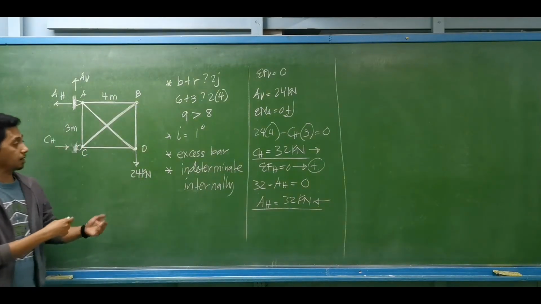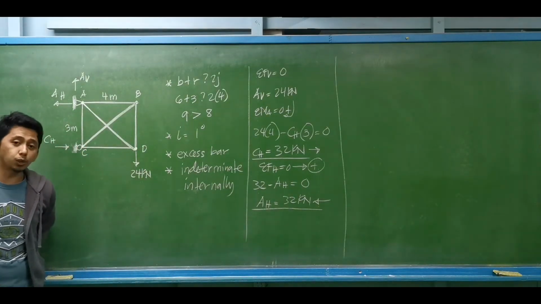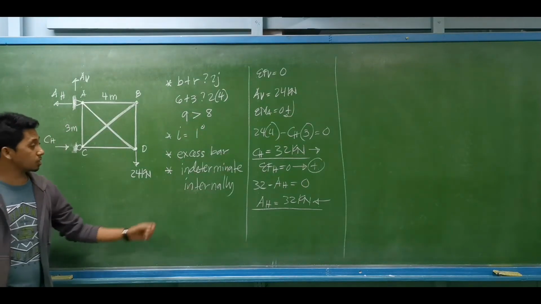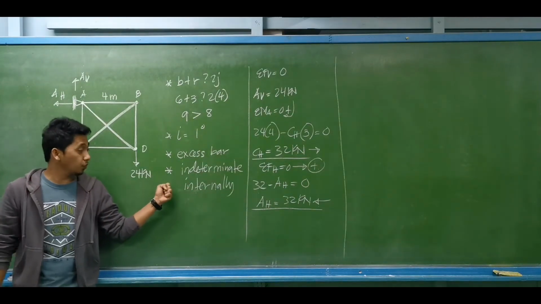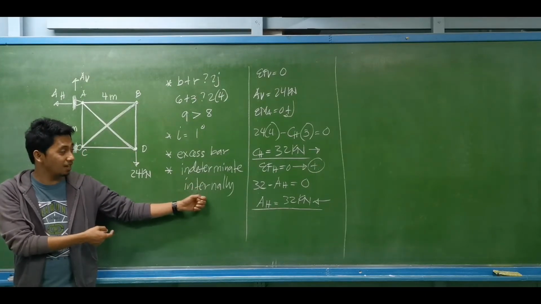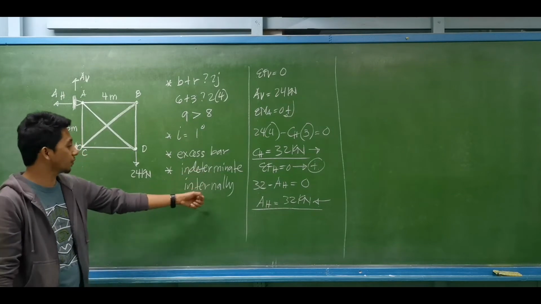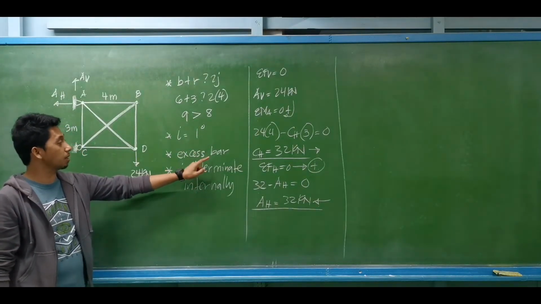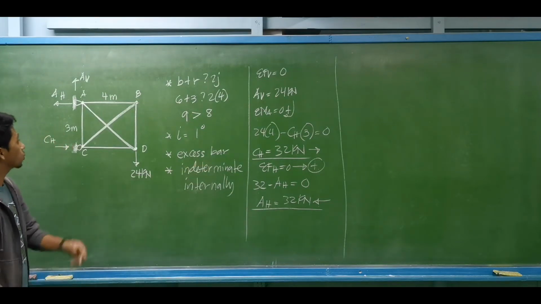Again, our next step is to assign a redundant. Again, this is a truss which is indeterminate internally. What causes the indeterminacy? An excess bar member. So we may choose one.